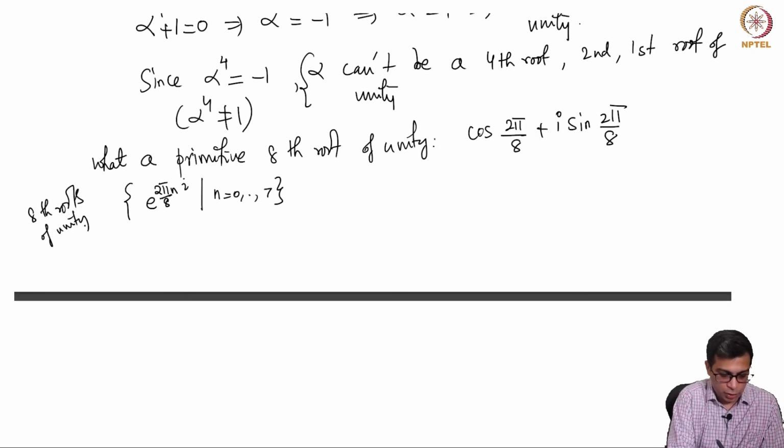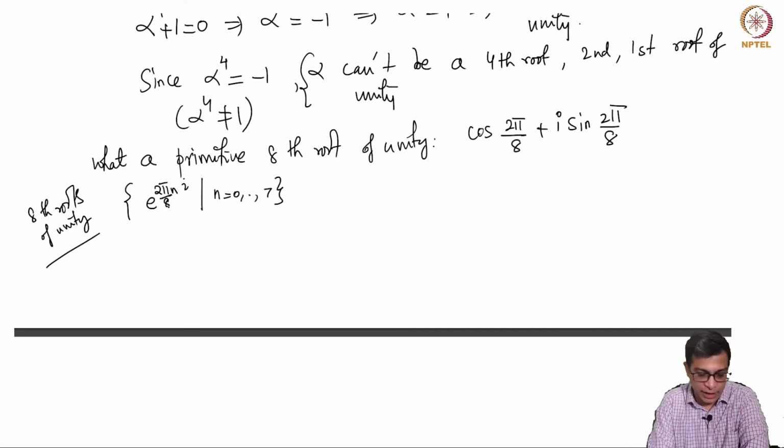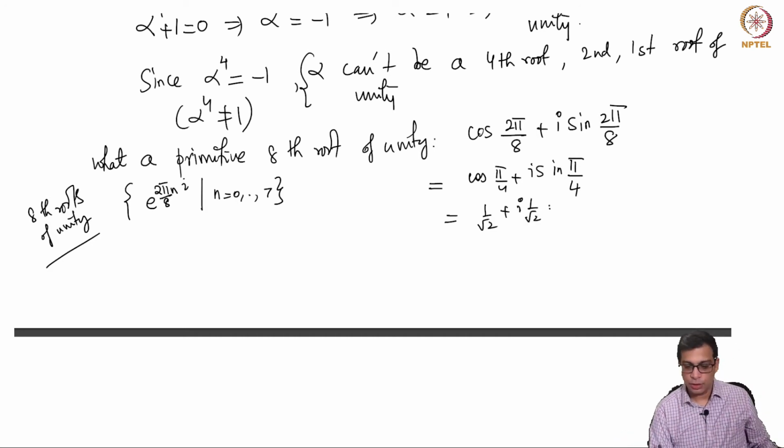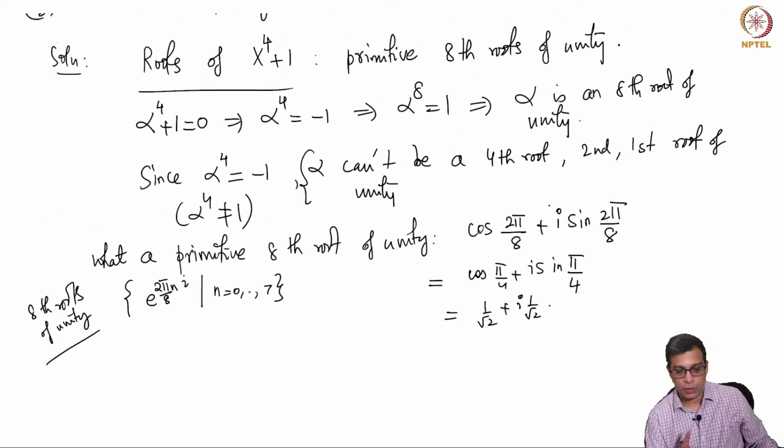You can take n equal to 1, and that will give you a primitive 8th root of unity. This is cos(π/4) + i sin(π/4), which is 1/√2 + i times 1/√2.